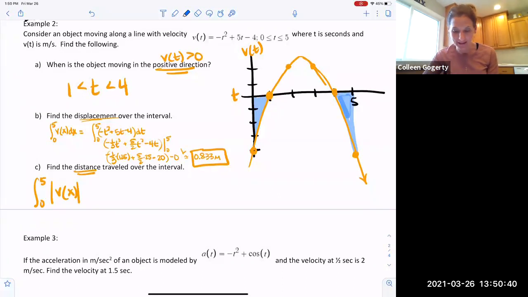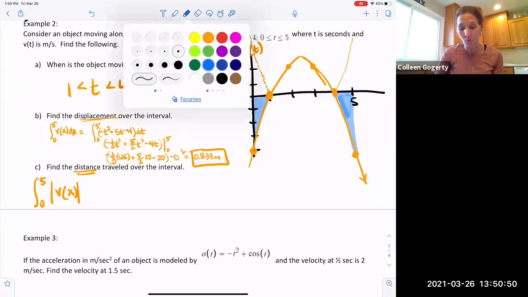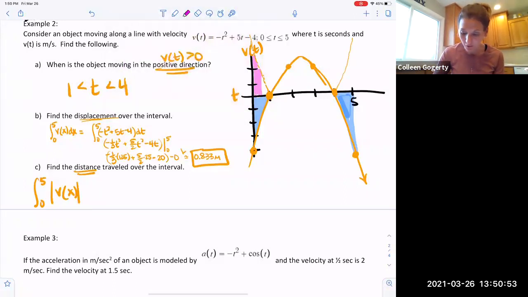So basically, if you remember back to the beginning of the year, if we take the absolute value of it, it's making all of this turn positive. So what I'm going to calculate now is all of this region, and add it up together.